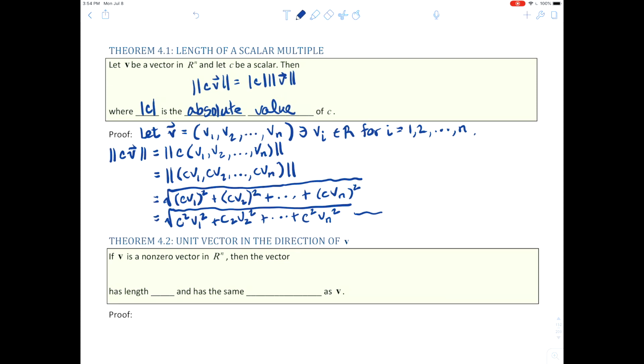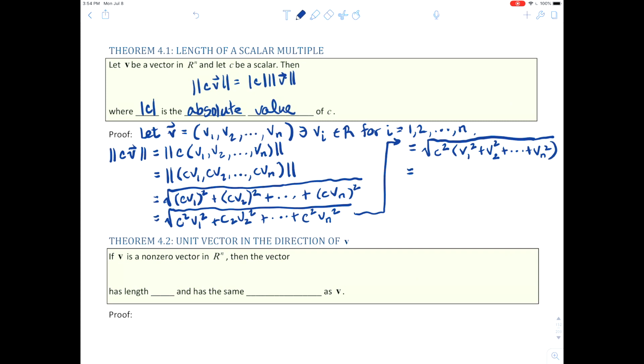And what should we do with the c squareds? Beautiful. We can factor them out. So we'd end up with c squared times v1 squared plus v2 squared, all the way down to vn squared. And now what?